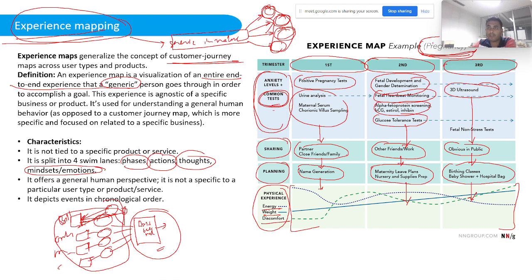If it is a mobile phone application, probably these phases will not be like this. It will be more like big chunks, probably phases of using it over a month.